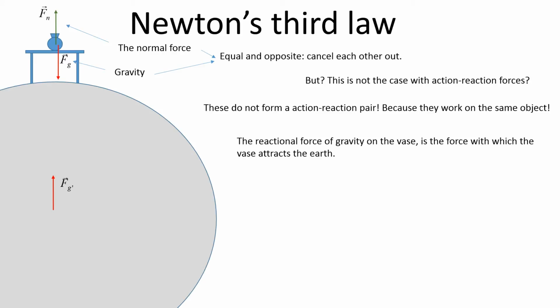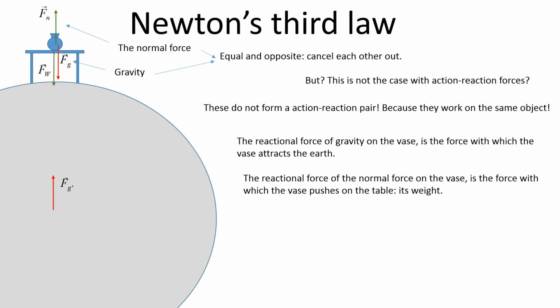The Earth attracts the vase, the vase attracts the Earth. The results are different because the mass of the vase is much smaller than that of the Earth. And with the normal force, the table pushes the vase upwards, and the vase pushes on the table downwards. This is the force with which the vase pushes on the table. It's called its weight. Weight in the meaning as in physics, and we will study that later.